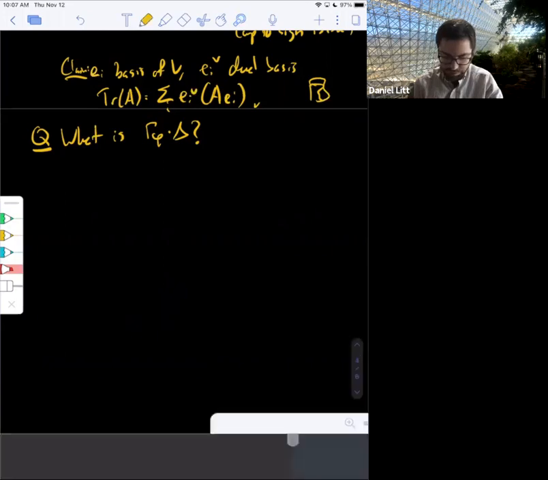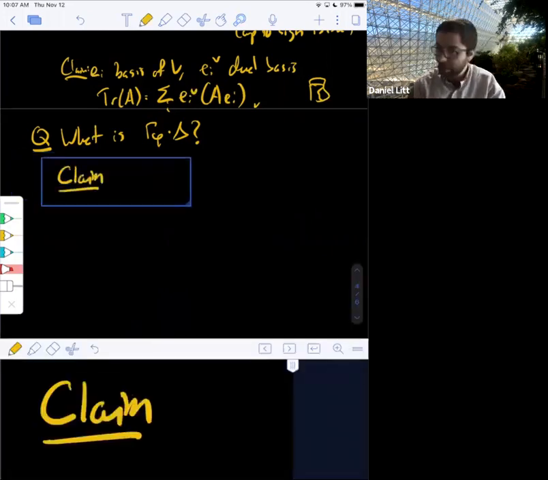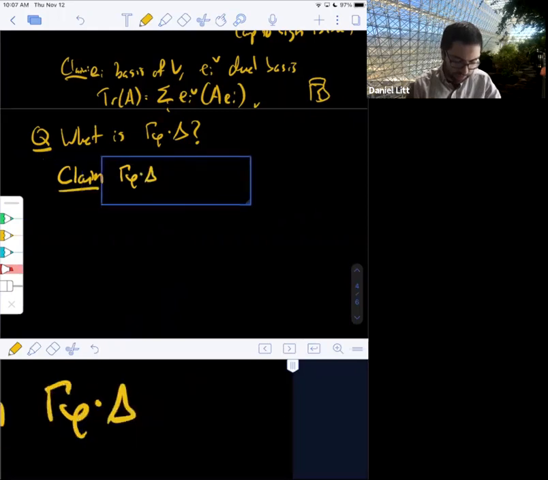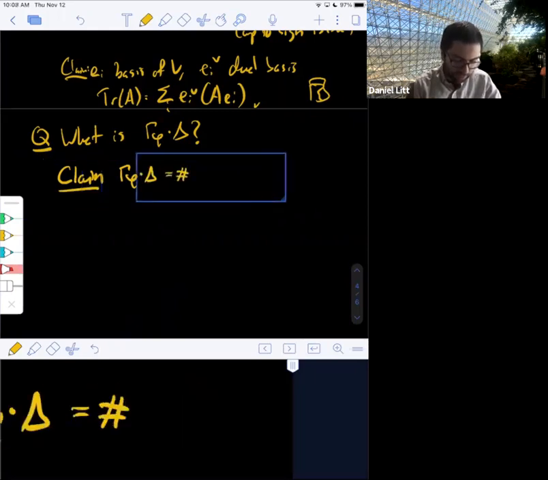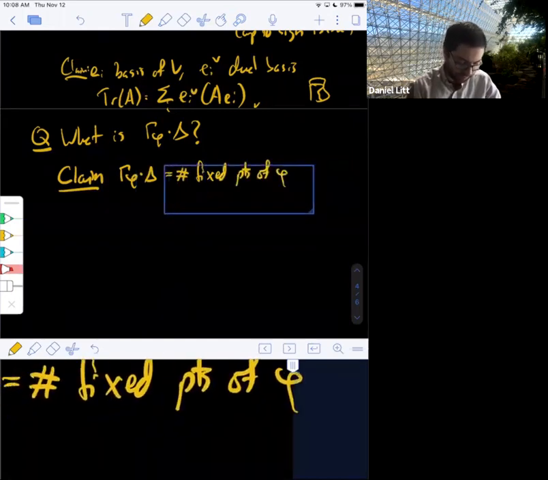So the claim, and this is a claim in just Chow theory, is that gamma phi dot diagonal equals the number of fixed points of phi counted without multiplicity.